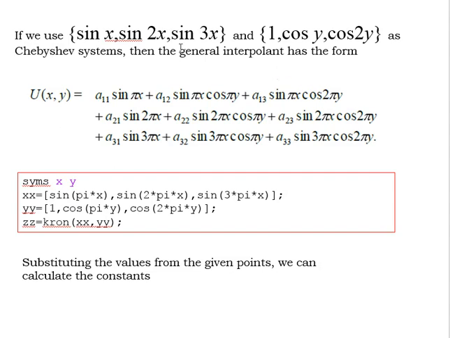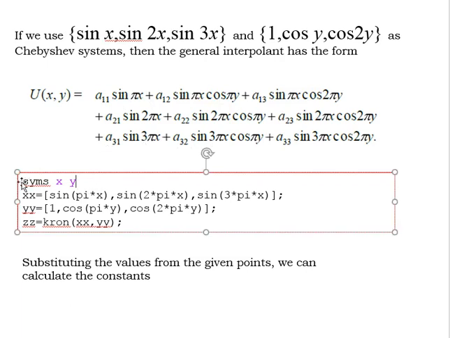And if we use the Chebyshev functions, these two systems of Chebyshev, of course we can use polynomials here, then we can write uxy by the tensor products of these two systems. And we have here a vector of constants. We have to determine these constants.